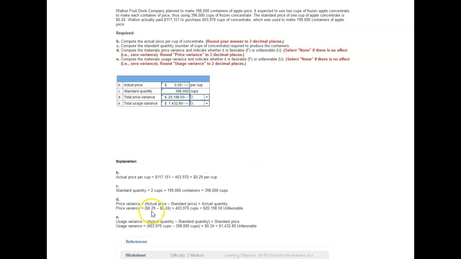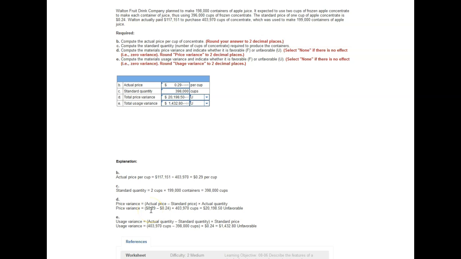And so they expected to pay 24 cents per cup. They paid 29. You can see they paid more, in fact, 5 cents more than it should have, times what they actually purchased. And so we have a $20,198.50 variance. It's unfavorable.